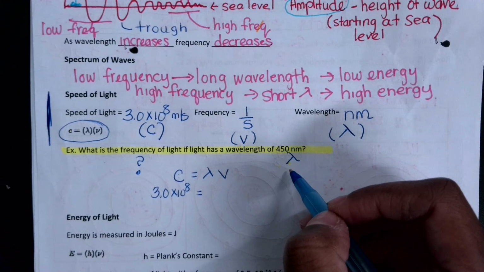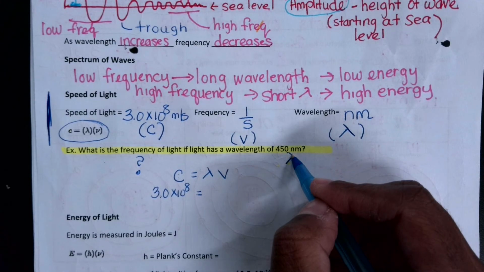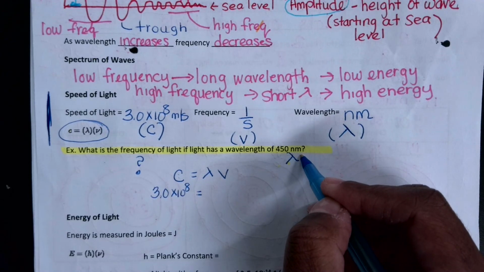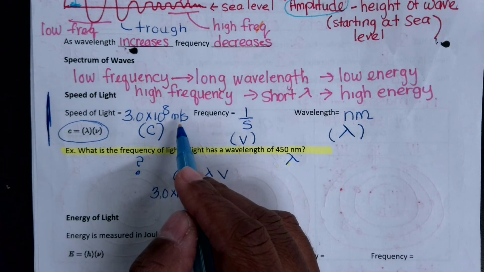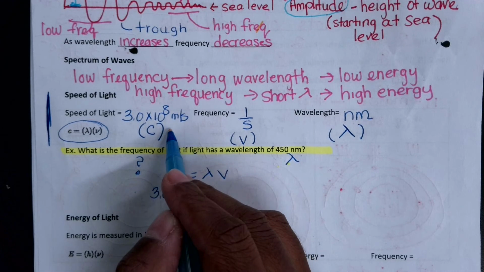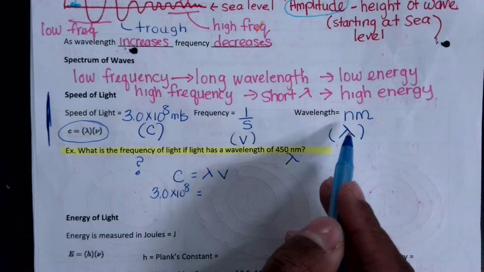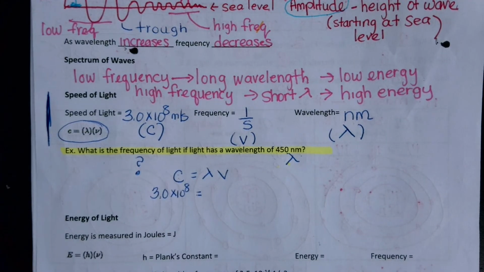So, unfortunately, to save time, I'm just going to explain. We have to convert this from nanometers to meters because look at the units of speed of light. See how it's meters per second, how they're using meters? We can't have meters and nanometers. They need to be apples to apples, not apples to oranges.